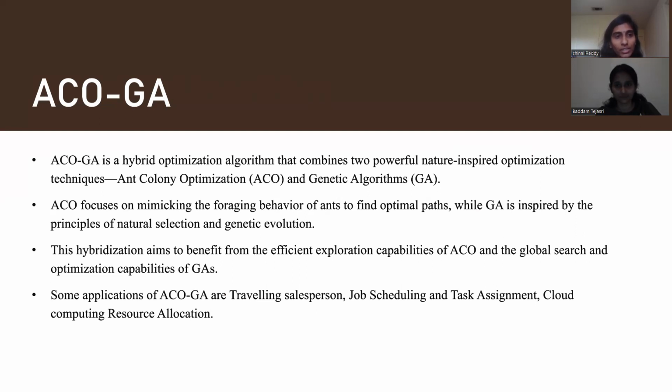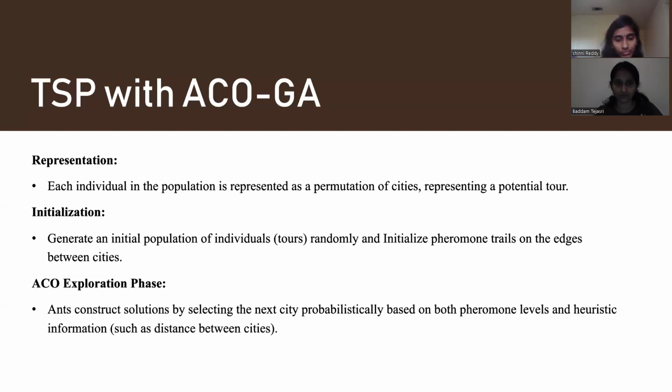In the same way, this ACO-GA algorithm works, and this hybrid optimization algorithm gives an effective solution. Some of the applications of ACO are traveling salesperson, job scheduling and task assignment, cloud computing, and resource allocation.